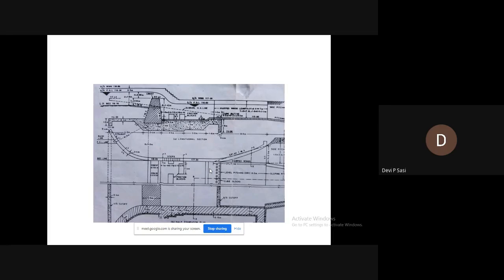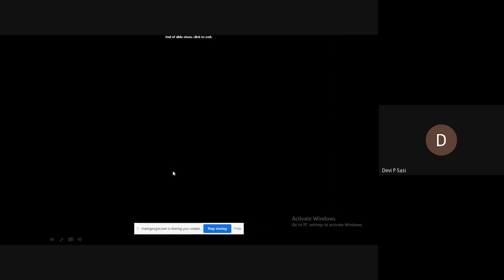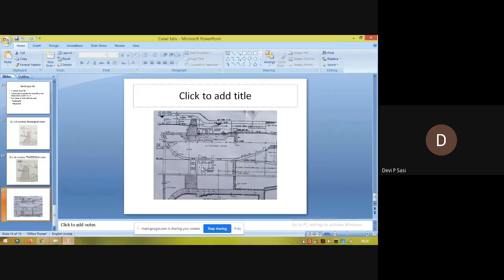And the energy dissipator consists of two rows of friction blocks. You can see two friction blocks here. That is, it consists of 2 rows of friction blocks in the cistern region.